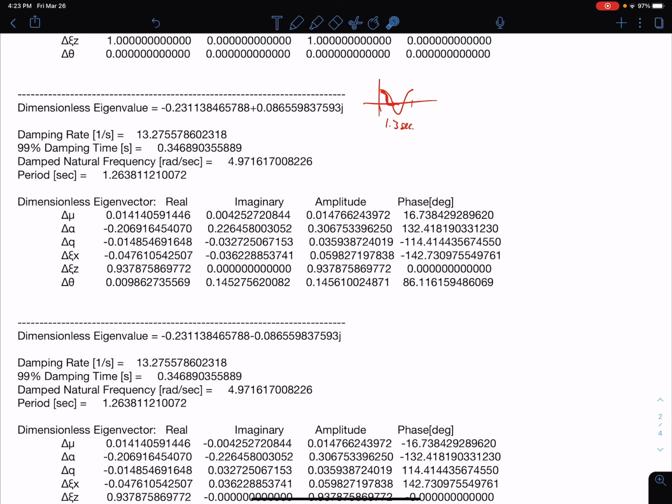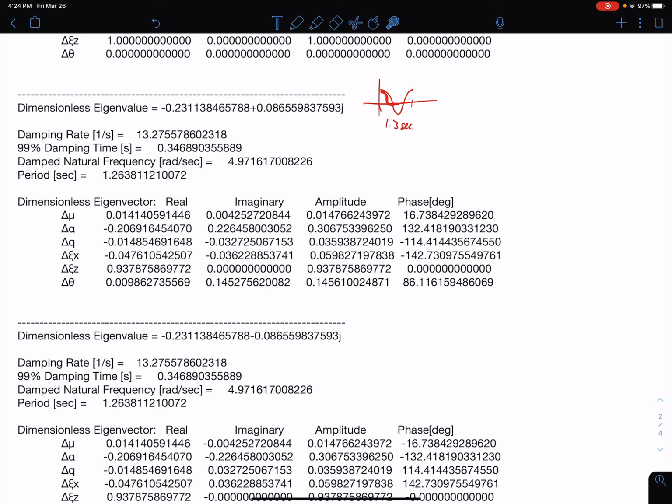Basically, what we can learn here is that there's going to be a very large change in z and a relatively small change in x. So x is my forward location, and z is my vertical location. So I'm going to have a large change in z, but very small change in my forward location from where I would have been at my equilibrium state.